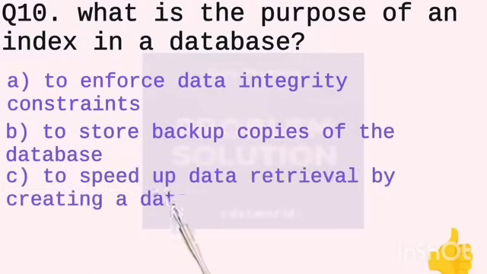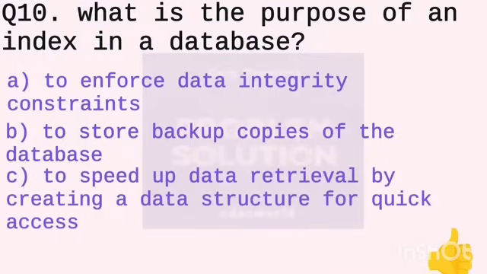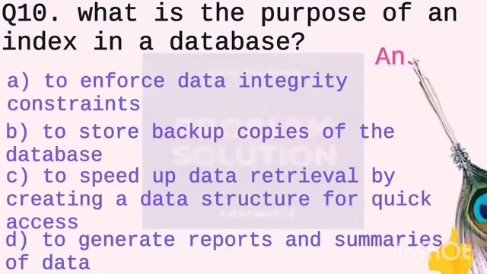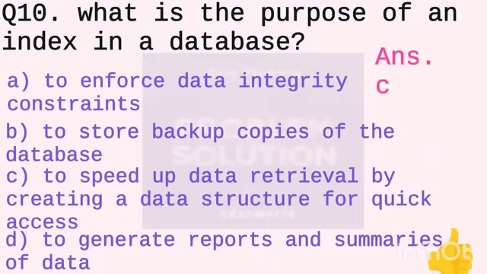Option C. To speed up data retrieval by creating a data structure for quick access. Option D. To generate reports and summaries of data. And the answer is C. To speed up data retrieval by creating a data structure.